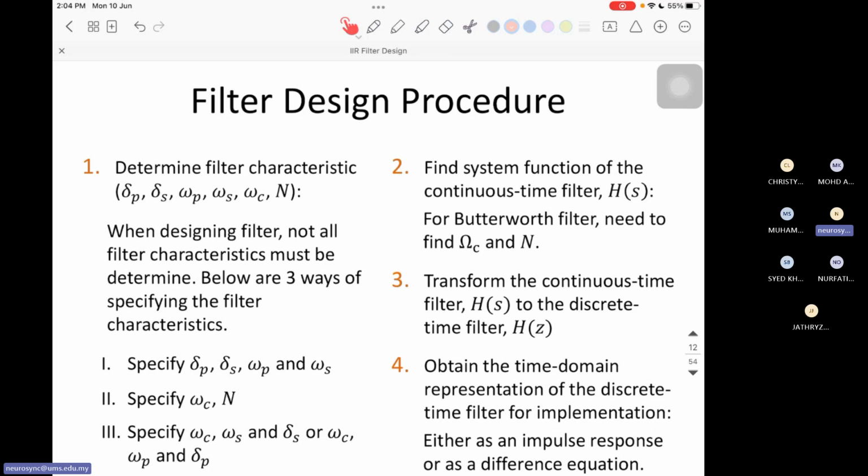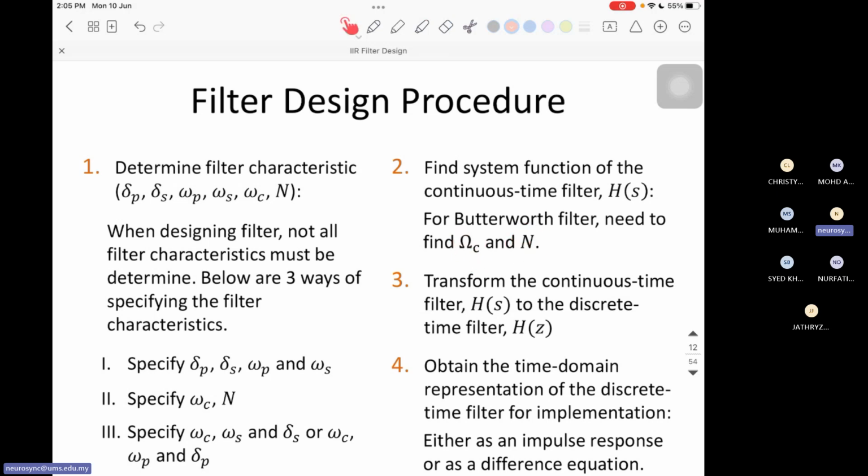Now if we use the Butterworth filter, then we need to find omega C and capital N. Omega C is the cutoff frequency for the continuous time, this is continuous time frequency. Capital N is the order of the filter.